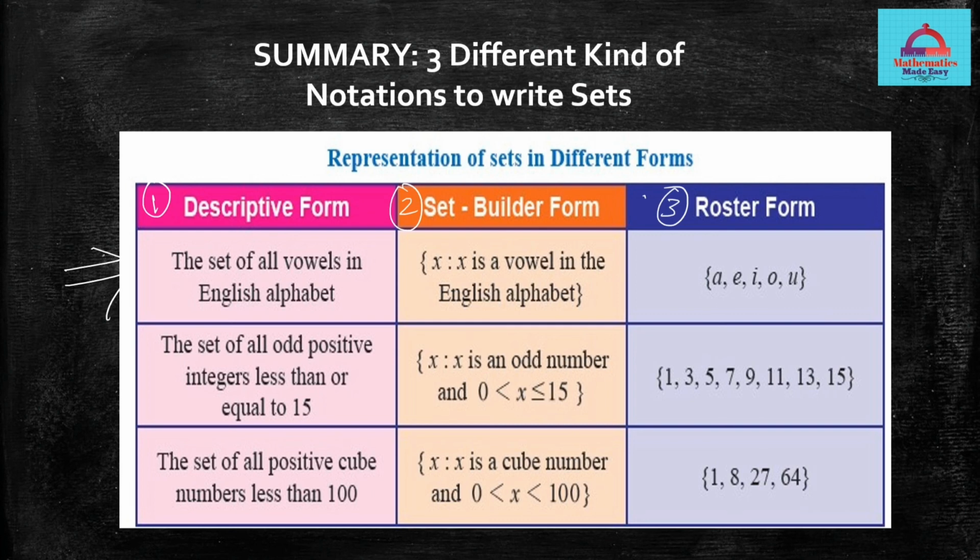So you have used all 5 elements to write in roster form. And if you want to put that same thing in the set builder form, then you can write the curly brackets, a general element x or a general variable x, such that x is a vowel in the English alphabet. So these are the ways in which you could represent or write your sets in the 3 different notations.